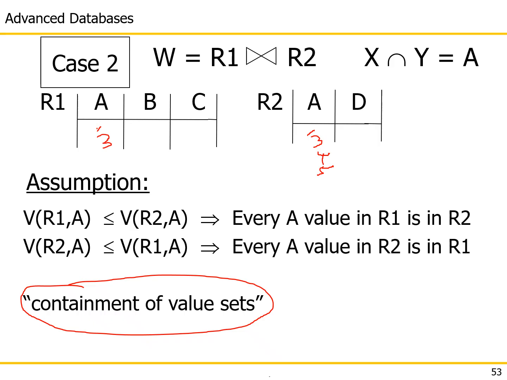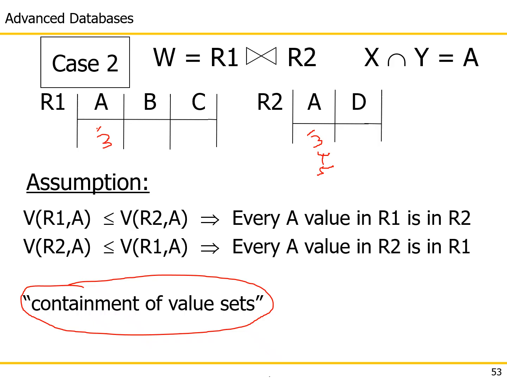What is this statement saying? If the number of unique values in column A in R1 is less than or equal to the number of unique values in column A in table R2, then every value in R1 is in R2. Do you agree on this? Let's read it again.